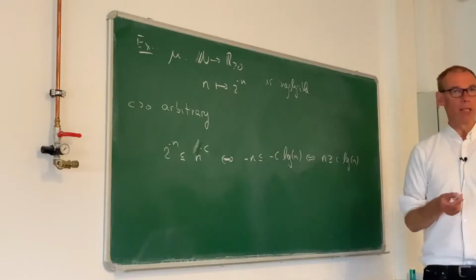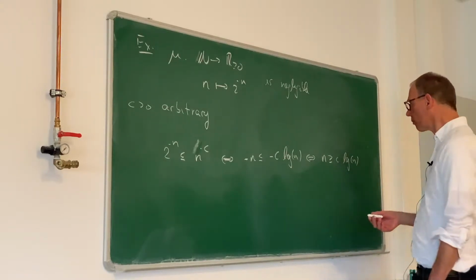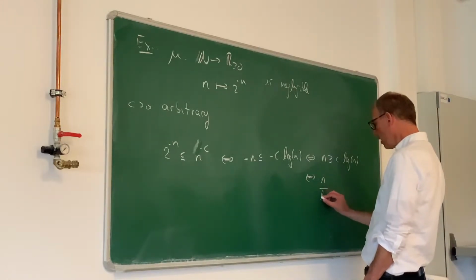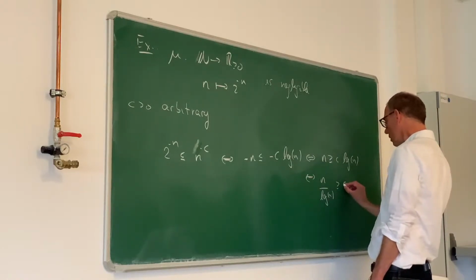Just multiplying by minus 1, flipping the inequality. Which is the same as saying that n divided by log n is larger than c.